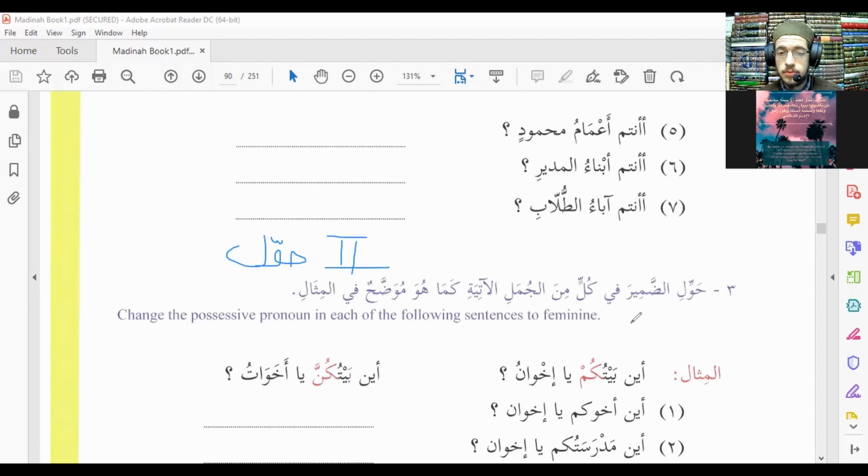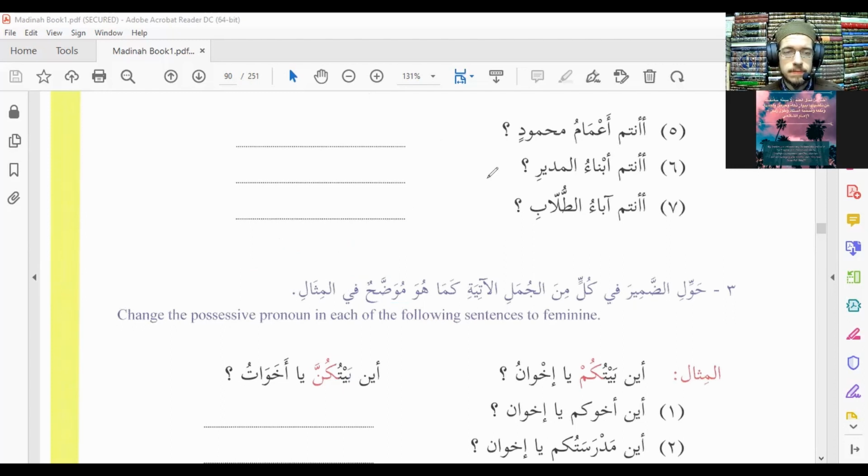Yes. Damir is a pronoun. Yep. So damir literally means the hidden, right? But it's used for pronouns. If something is mastur, it is hidden. Yep. In each of the following sentences, كما هو موضح. This is the ism maf'ul of وضح يوضح توضيح, to clarify. كما هو موضح, as it is clarified في المثال, as it is clarified in the example.